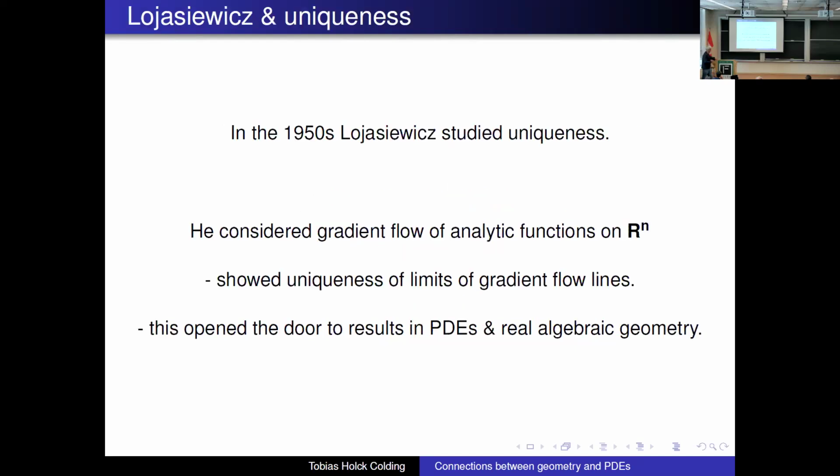And even earlier, in a different context, in the 1950s, Łojasiewicz looked at gradient flows of analytic functions on Euclidean space, and he proved uniqueness of the gradient flow trajectory for those. This work led to important work in PDE and real algebraic geometry.